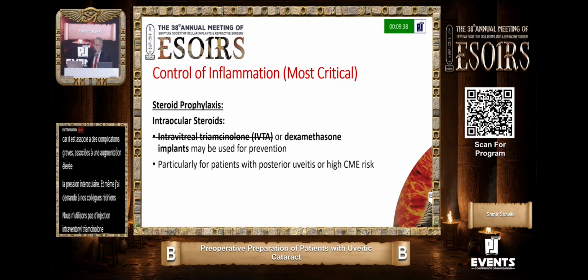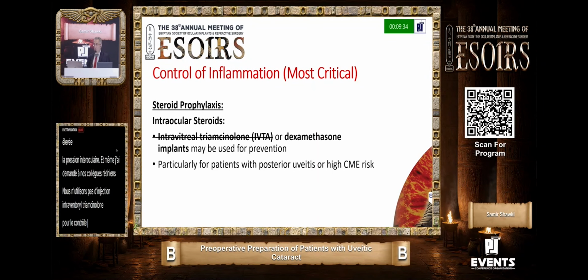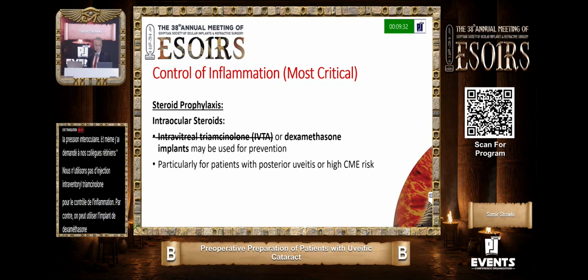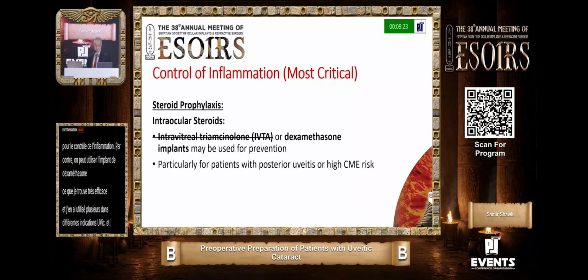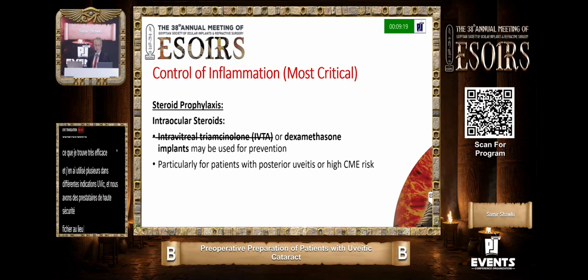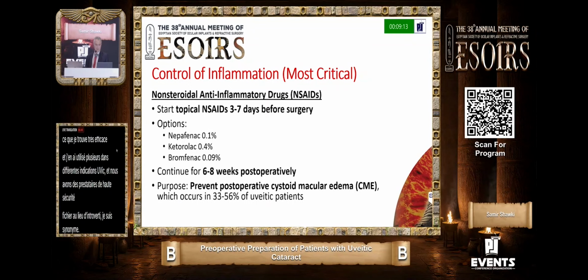On the other hand, we can use the dexamethasone implant, which I think is very effective, and I have used several of them in different uveitic indications, and they have a high safety profile instead of intravitreal triamcinolone. And this is particularly important for patients with cystoid macular edema or posterior uveitis.